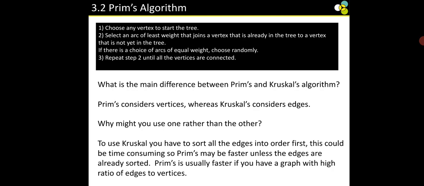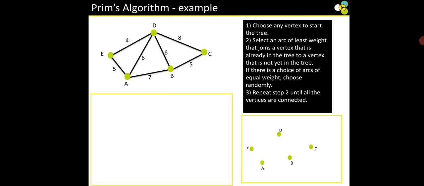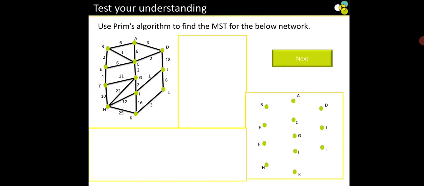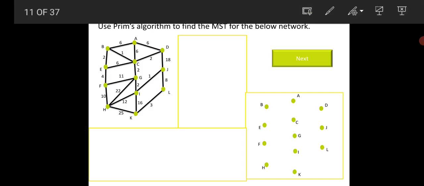Here just consider that we have to choose the vertices instead of edges. That is what our Prim's algorithm is. So choose any vertex to start. Select the arc of least weight that joins a vertex that is already in the tree to a vertex that is not in the tree. If there is a choice of arc of equal weight, then choose randomly.